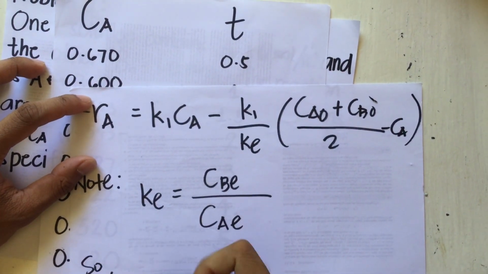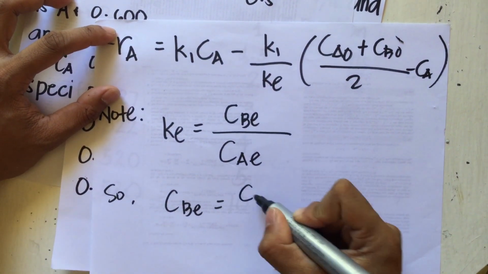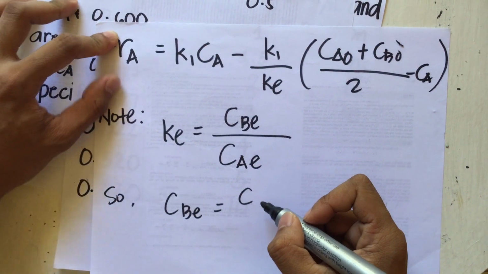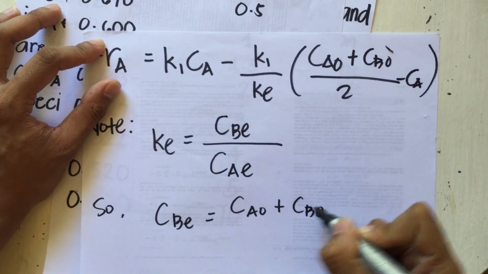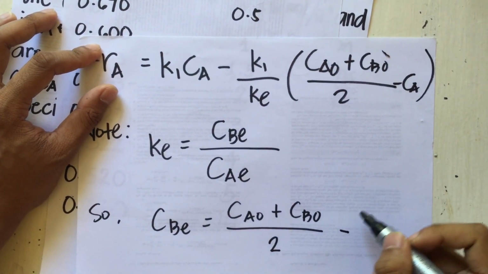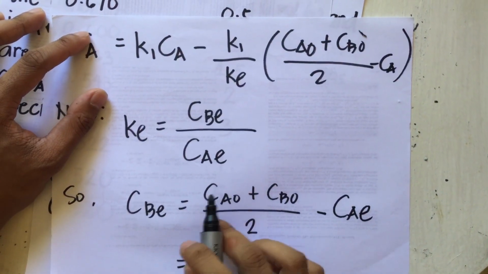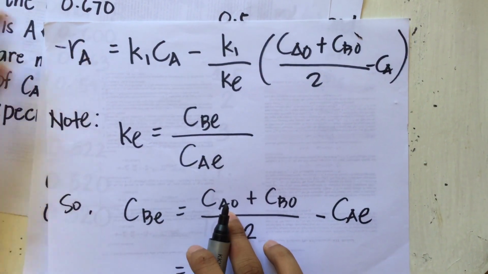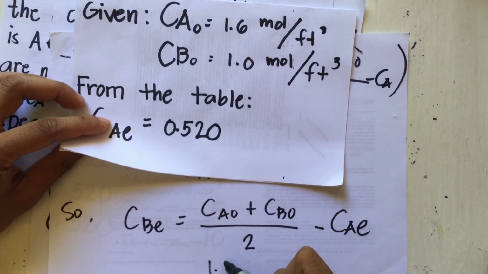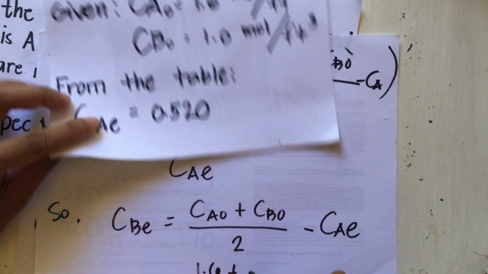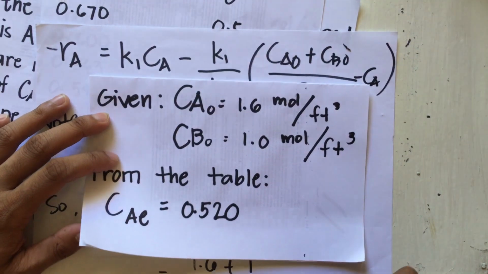So we can have CBE is equal to CAO plus CBO divided by 2 minus the concentration of A at its equilibrium. So, we substitute the given. We have CAO, which is 1.6, and CBO, which is 1, plus 1 divided by 2 minus CAE, which is 0.520.